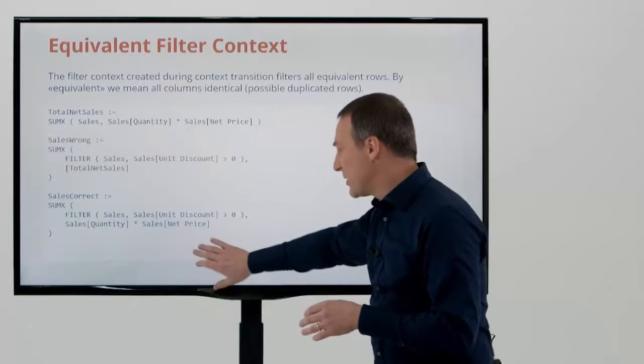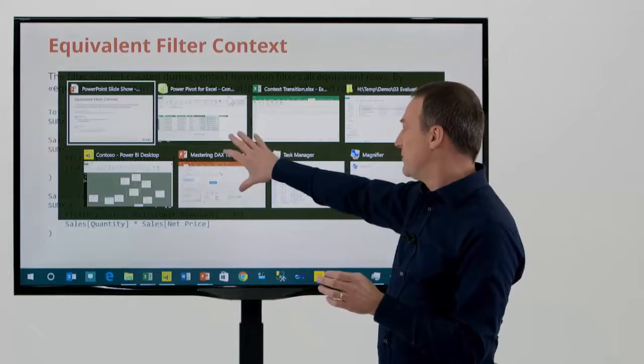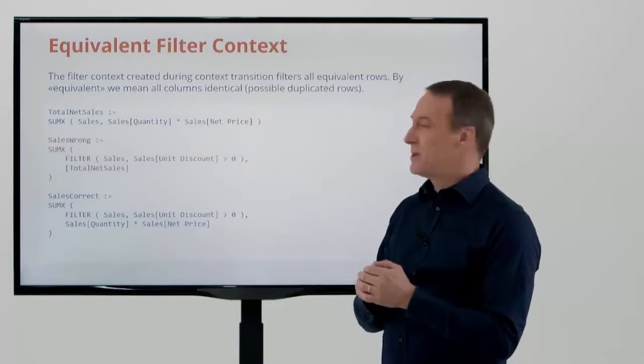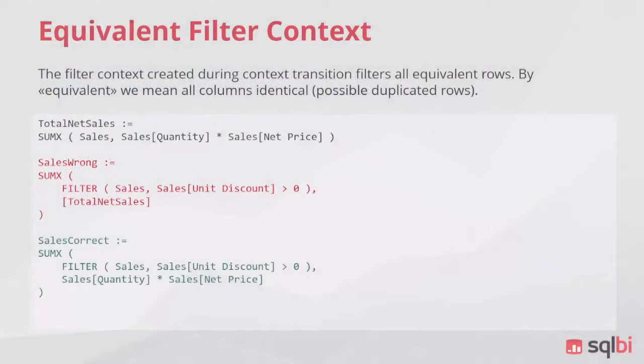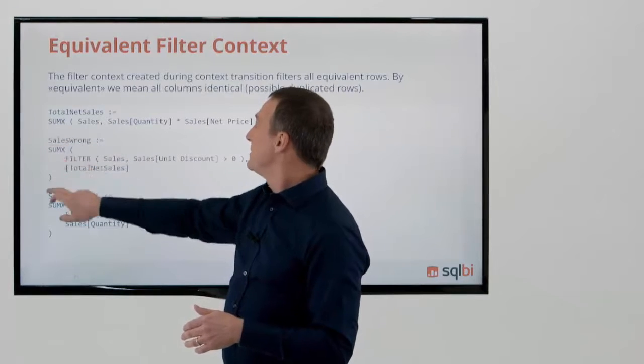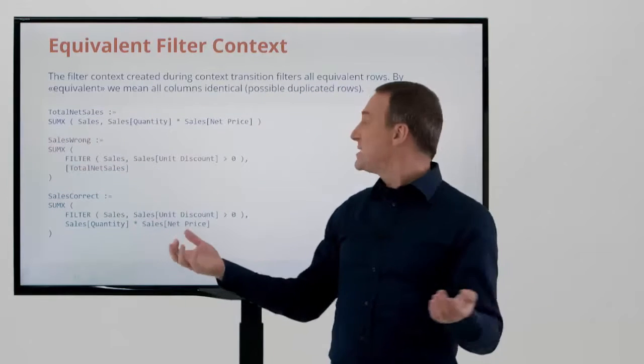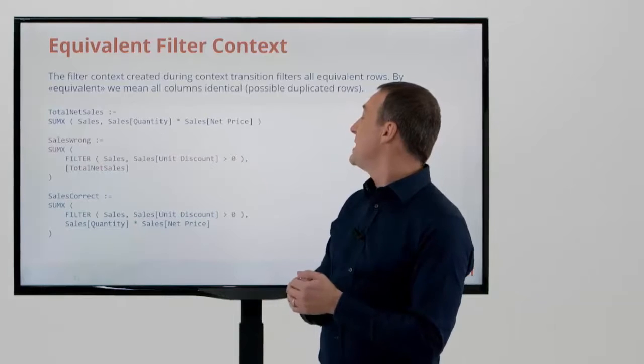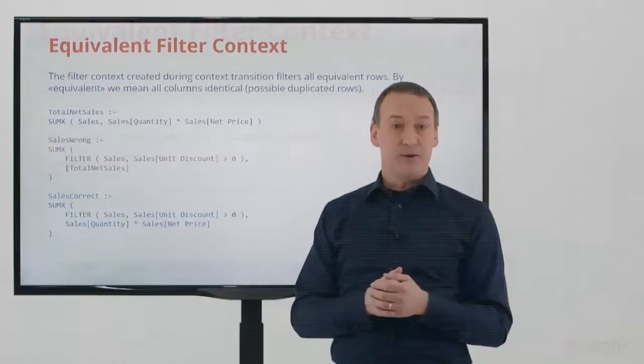But let's look at the code for a second, and then we look at the demo. Imagine that I create a measure, Total Net Sales, that is SUMX over Sales of Quantity multiplied by Price. It's a very simple expression. And then I want to compute the sales for only the sales where the unit discount is greater than 0.